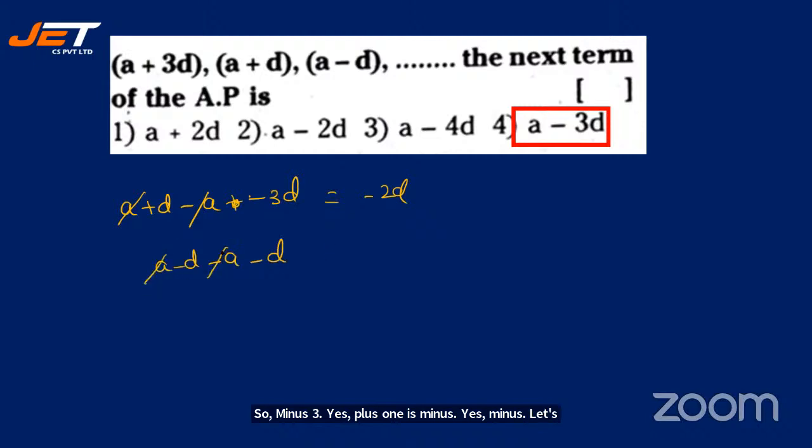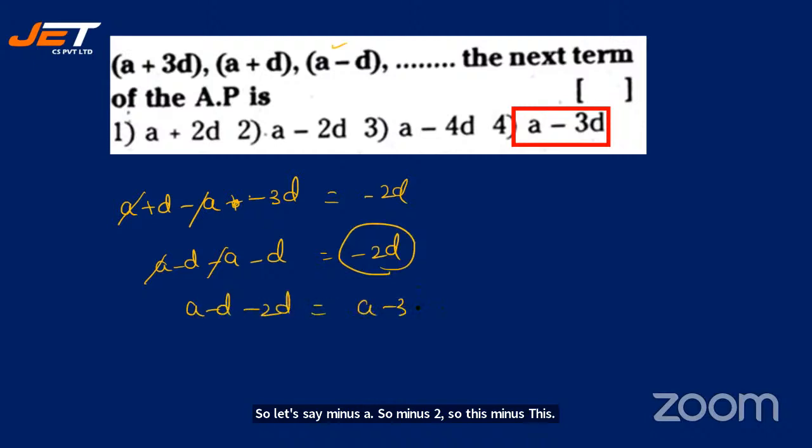So this minus 2D is added to this term. A minus 2D minus 2D must be equal to A minus 3D? That is why your option 4 is right.